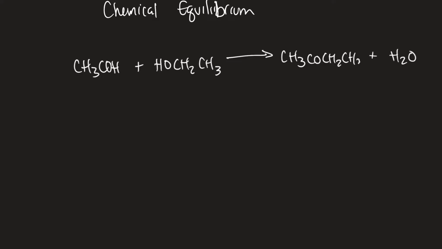Now in the very beginning of this reaction, all you're really going to have is your reactants. But when you mix those reactants together, you will quickly notice that the amount of reactants will start to decrease, and you're producing products. But then over a period of time as the reaction continues, the opposite starts to take place.